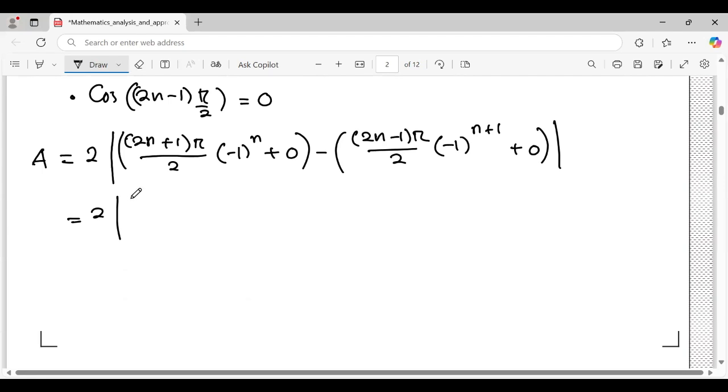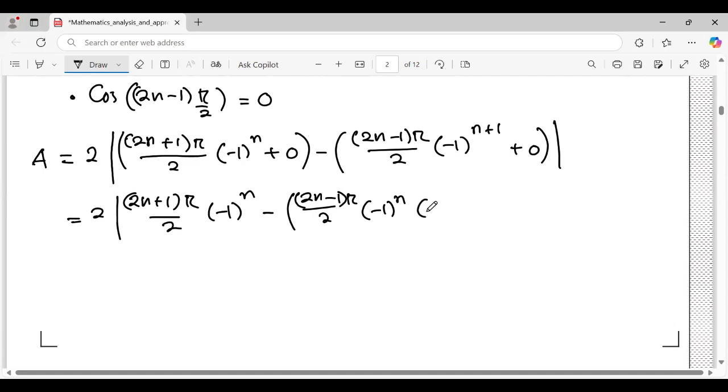After that, I would like to write 2n plus 1 by half minus 1 power n minus 2n minus 1 by half minus 1 power n times minus 1, because minus 1 power 1 is minus 1.